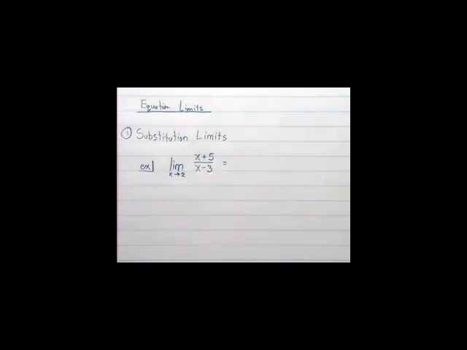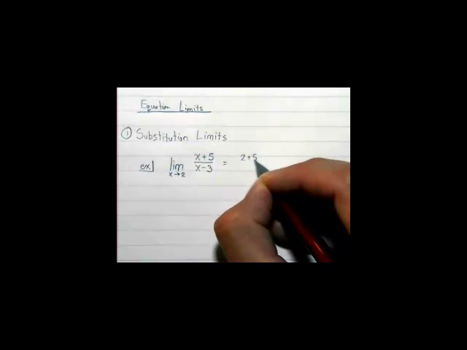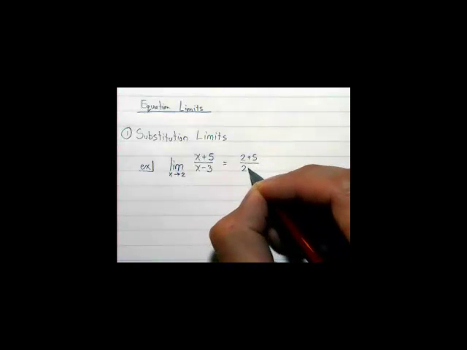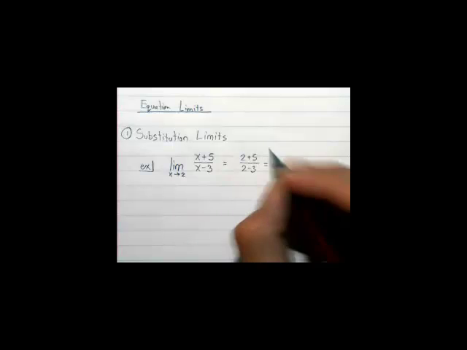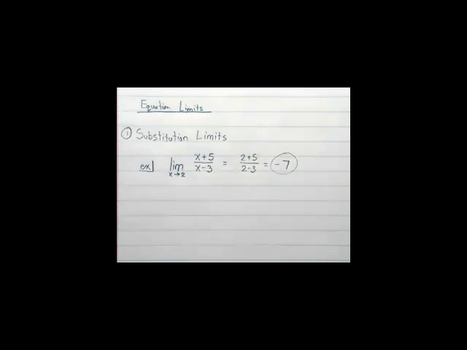Okay. So put in a 2 and see what happens. So 2 plus 5 over 2 minus 3. So that's 7 over negative 1, so negative 7. The answer to that limit is negative 7. Done.